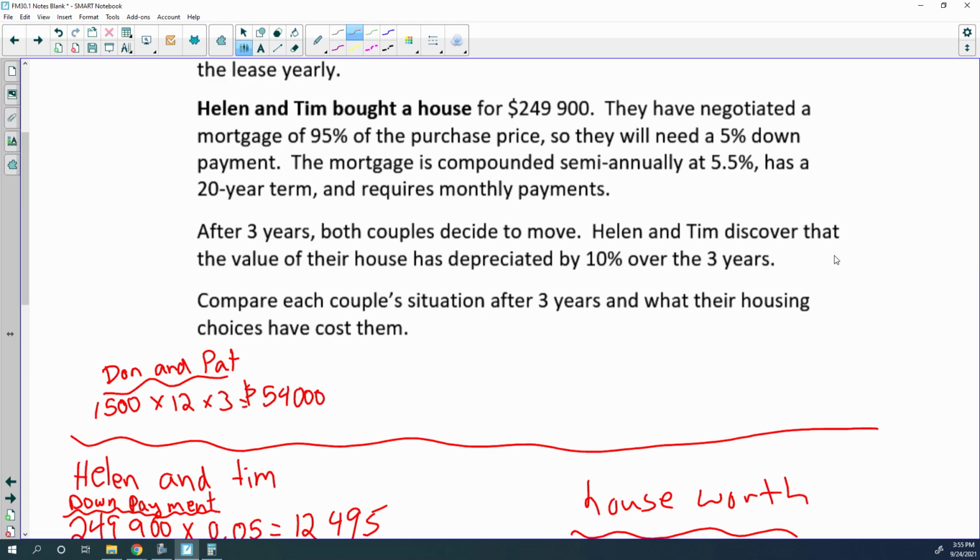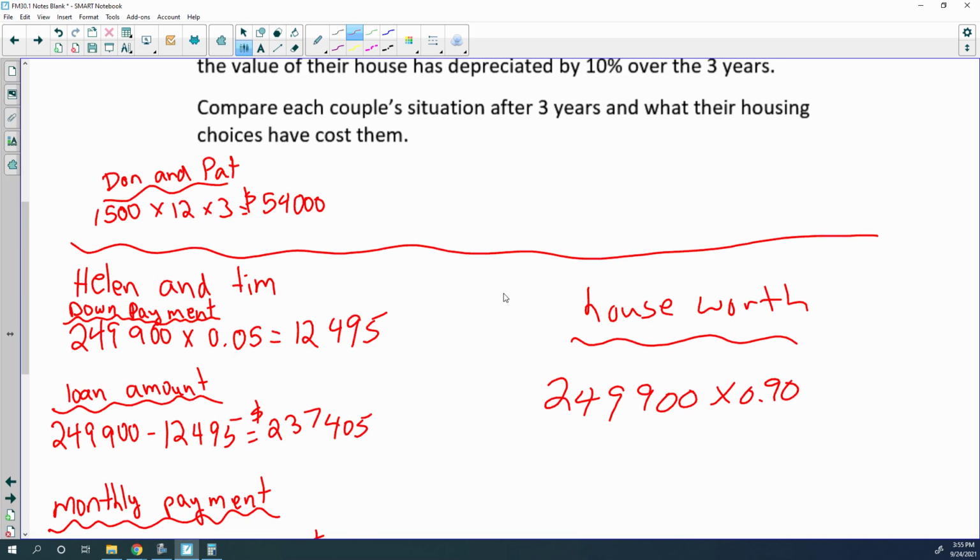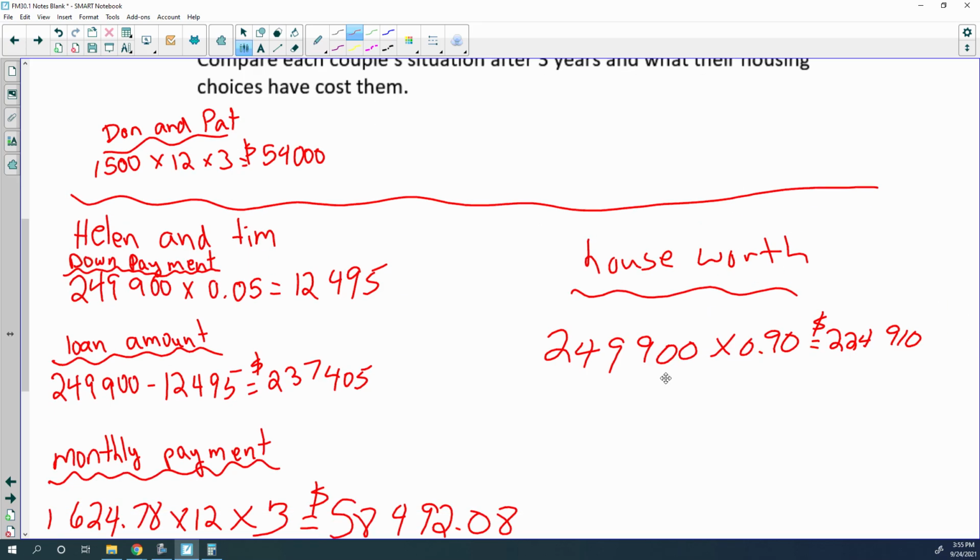And maybe what I'll do, we're done with the loan calculator, so I will expand again, make it easier to see. So if you times by 0.9, you get 224,910. So their house is now worth $224,910.